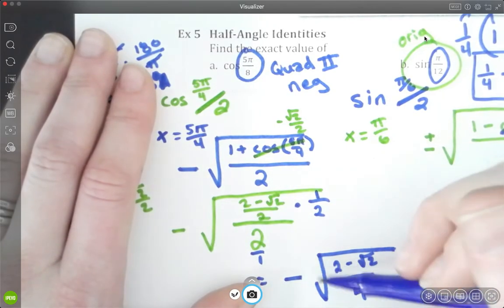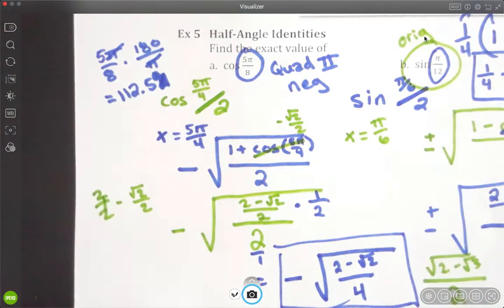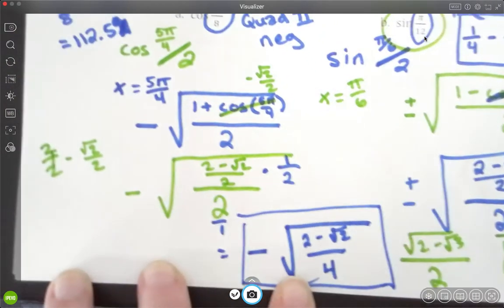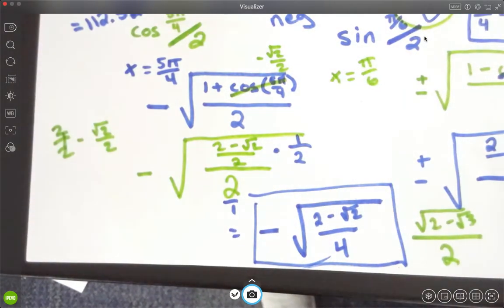There it is. All done. Yeah, 1 became 2 over 2. Questions about that? That's kind of messy, but it's just if you can do your algebra correctly. Okay, good?